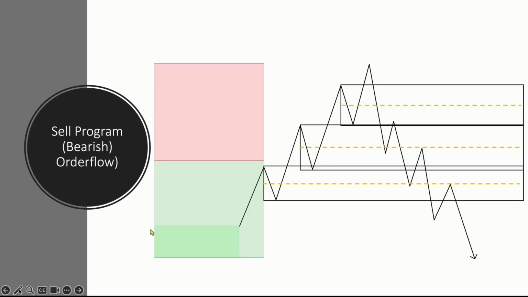Meaning we want to short inside of the red area preferably, or in close proximity to equilibrium, which is 50%. The moment that price displaces below the range midpoint, below equilibrium, 50% of that range, we are anticipating the opposite side of the range, so in this case, the lower side of the range, to get reached.